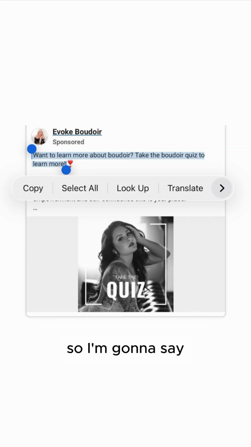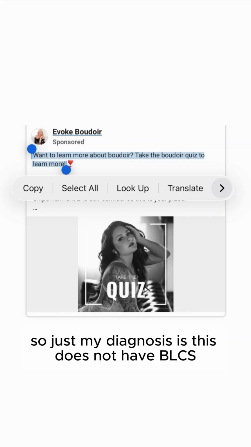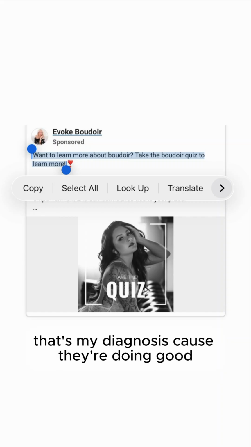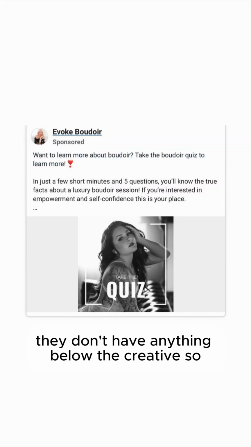So I'm gonna say this one has a unique CTR above 6%. So my diagnosis is this does not have BLCS. This does not have Boudoir low click syndrome. That's my diagnosis, because they're doing good, they don't have anything below the creative.